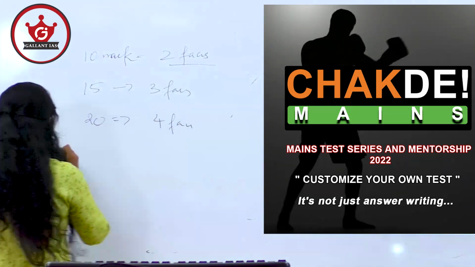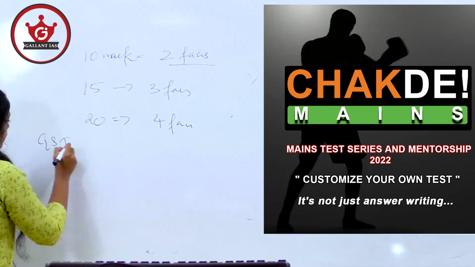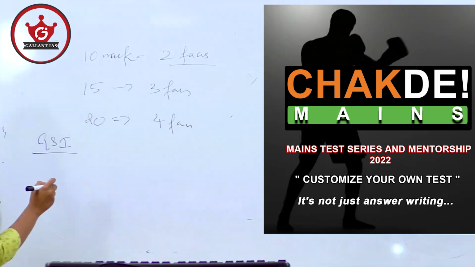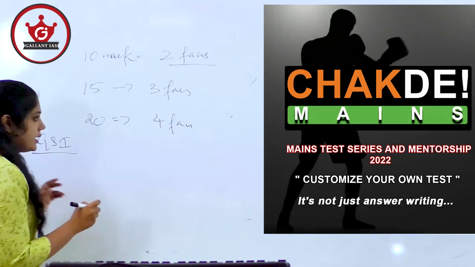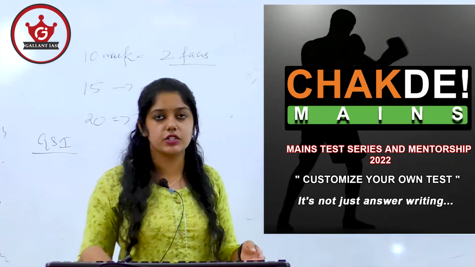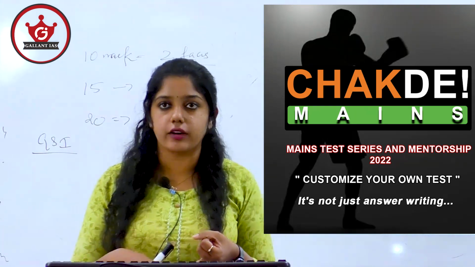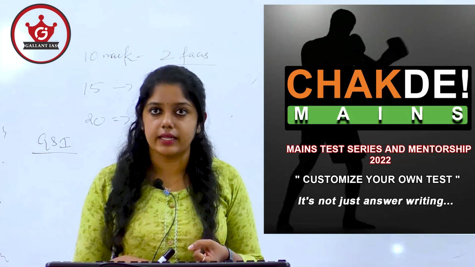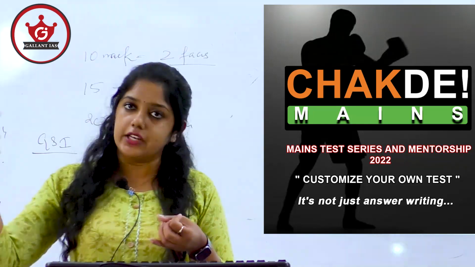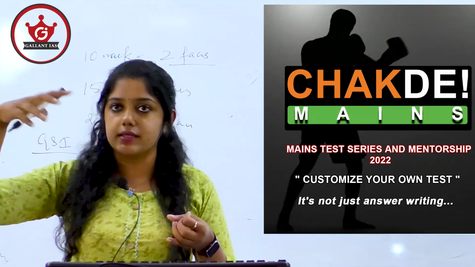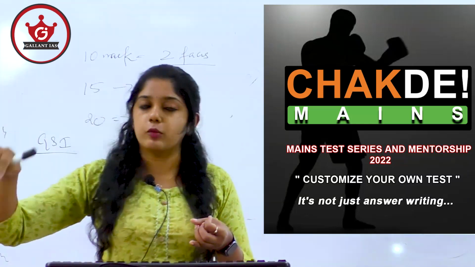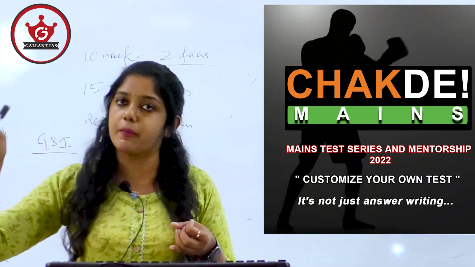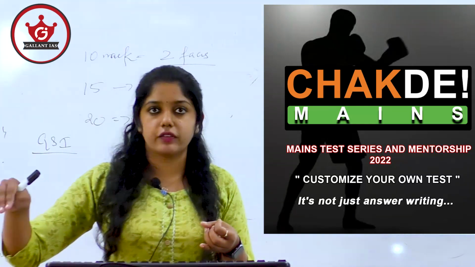See, for GS1, if you consider the GS1 paper, it is mainly a static subject, right, which comes under GS1: history, geography, society. Then in the history part, we have ancient, medieval, comprising art and culture, and modern Indian history, world history, post-independence consolidation, geography, society.